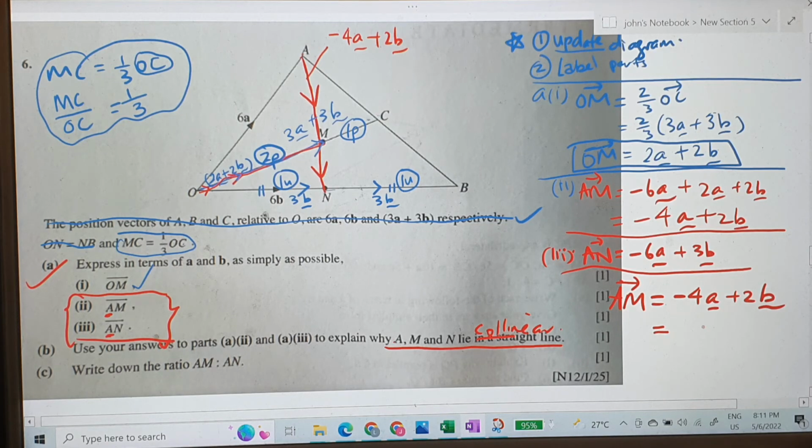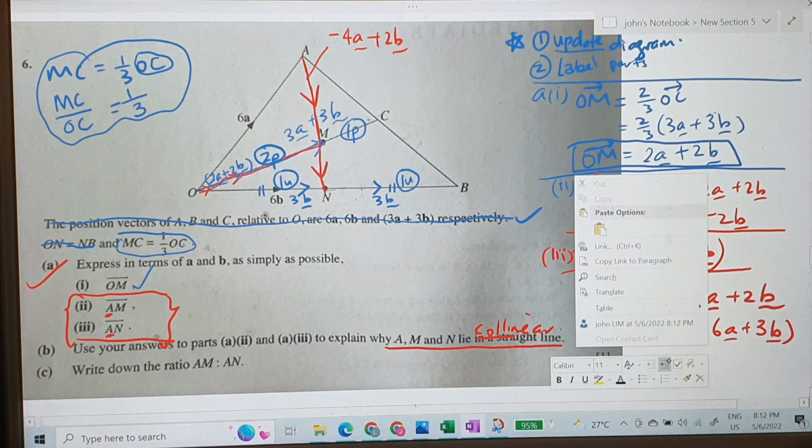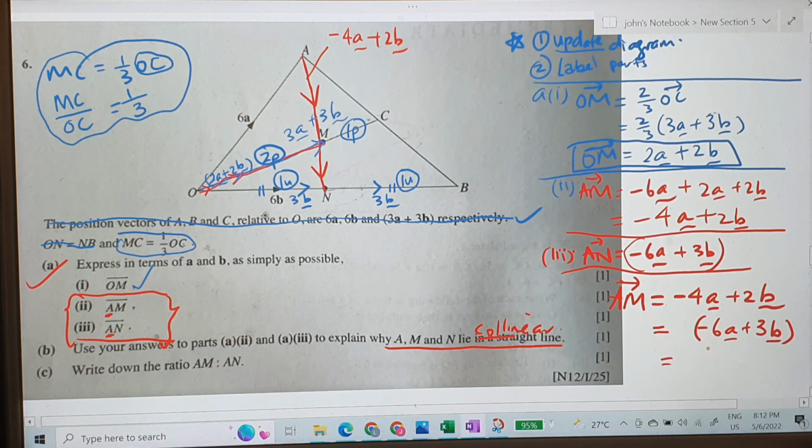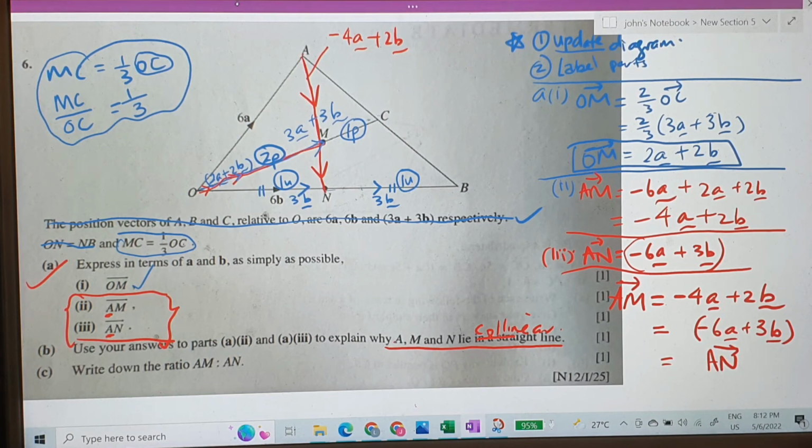Write as the other vector, minus 6a plus 3b. Then you put bracket. Do you agree that this is your AN? Whatever I have written here is your AN. I'm not done yet. I'm trying to tell you that this is one way you can do it.